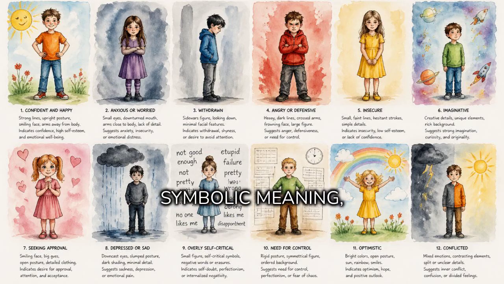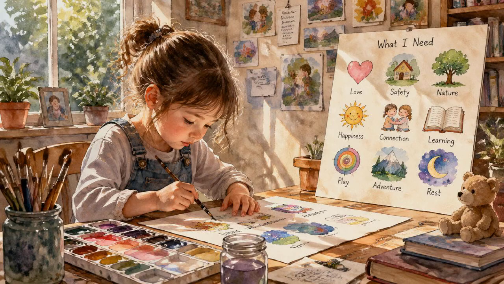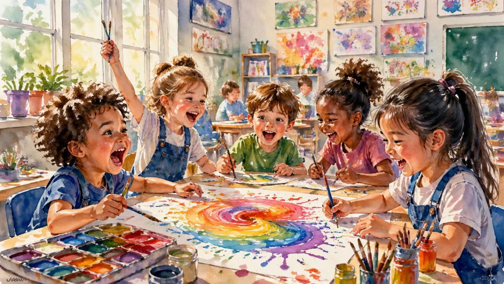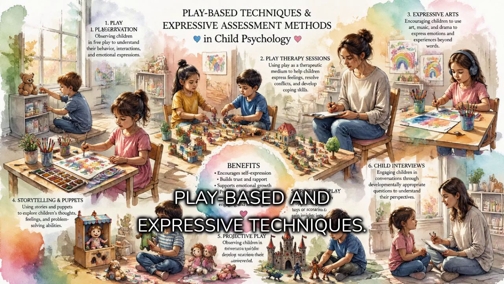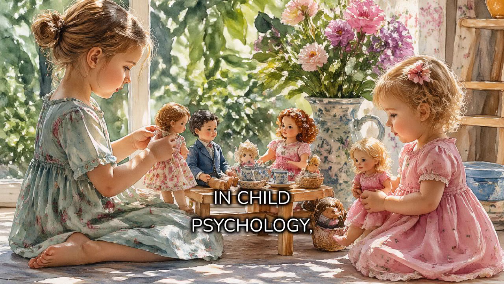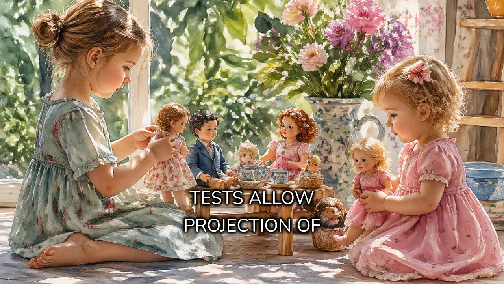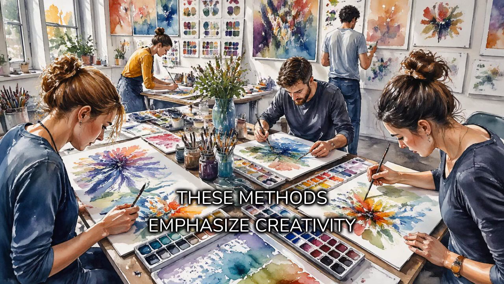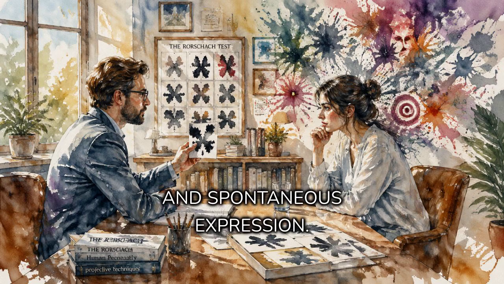Drawings are analyzed for symbolic meaning, emotional tone, and developmental indicators, particularly useful with children who may struggle to verbalize feelings. 5. Play-based and expressive techniques. In child psychology, play scenarios or doll tests allow projection of emotions and family dynamics. These methods emphasize creativity and spontaneous expression.